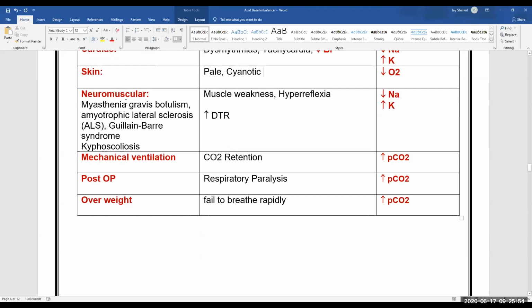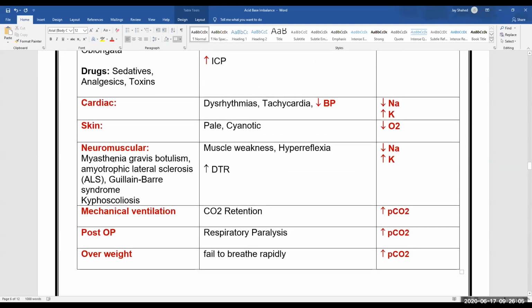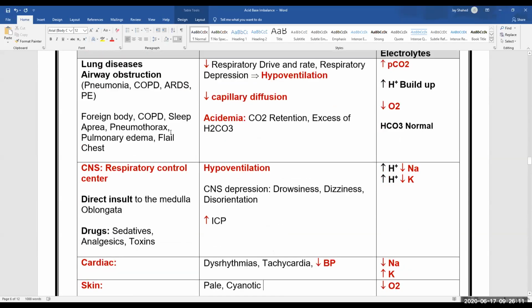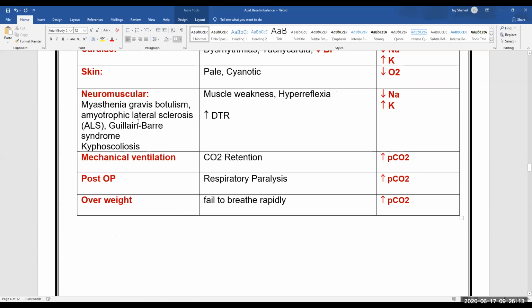All right, neuromuscular here. All these guys are actually retaining acid. So with these, you can end up having respiratory acidosis sometimes to balance things out. We know that these are muscles, so they're going to give you muscle weakness in general.